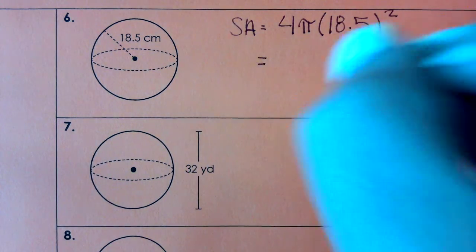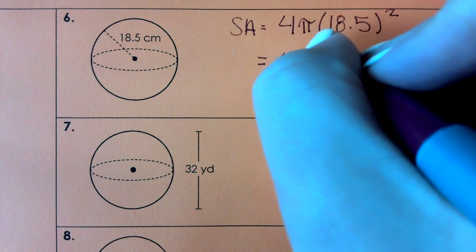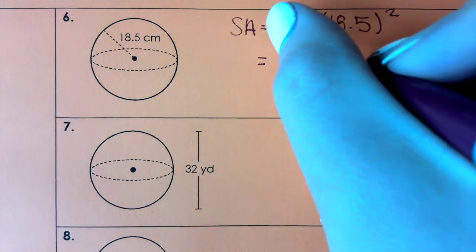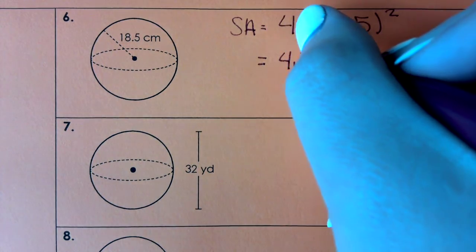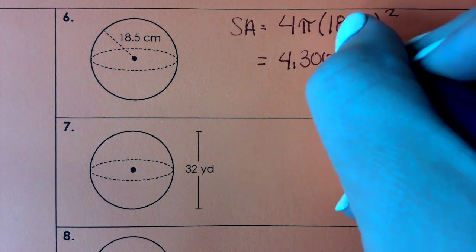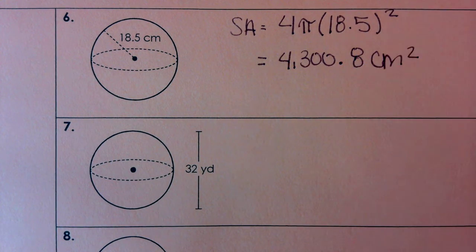What'd you get? When I multiply those all together, 4,300.8 centimeters squared.